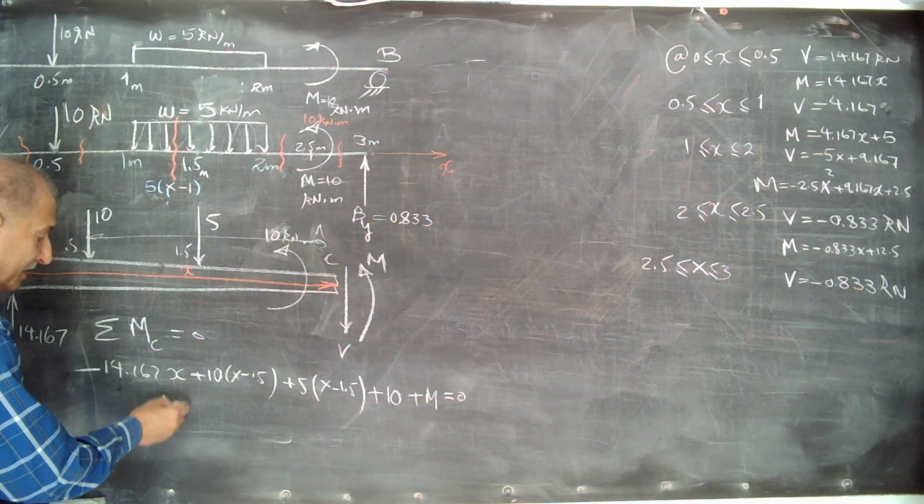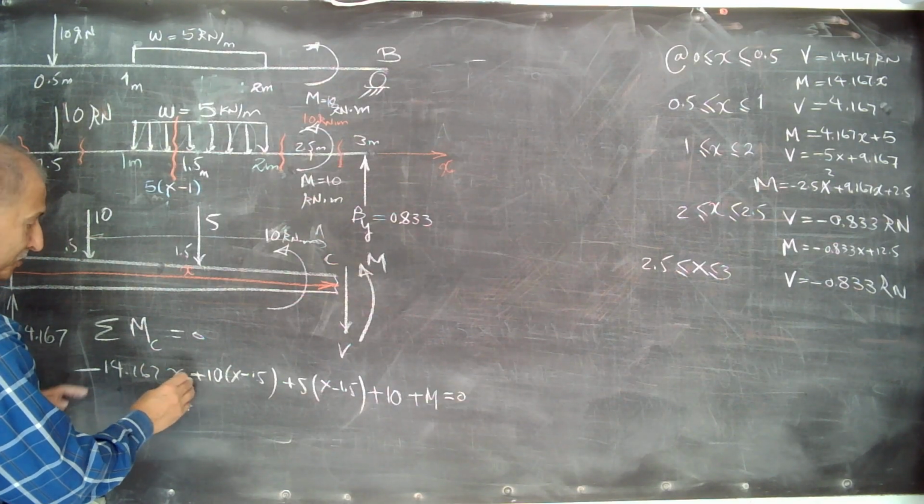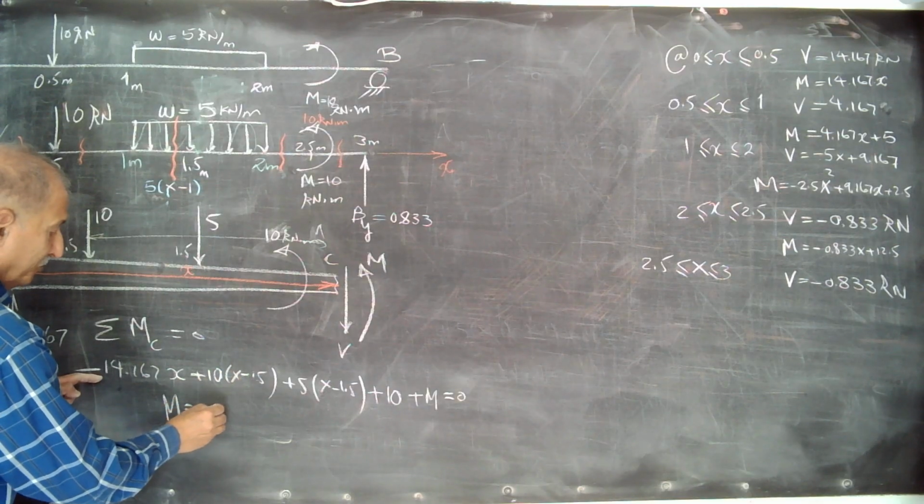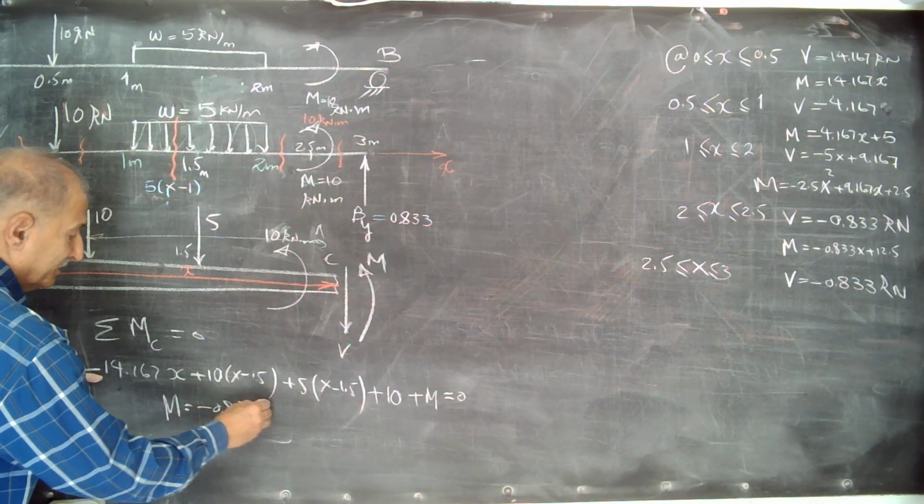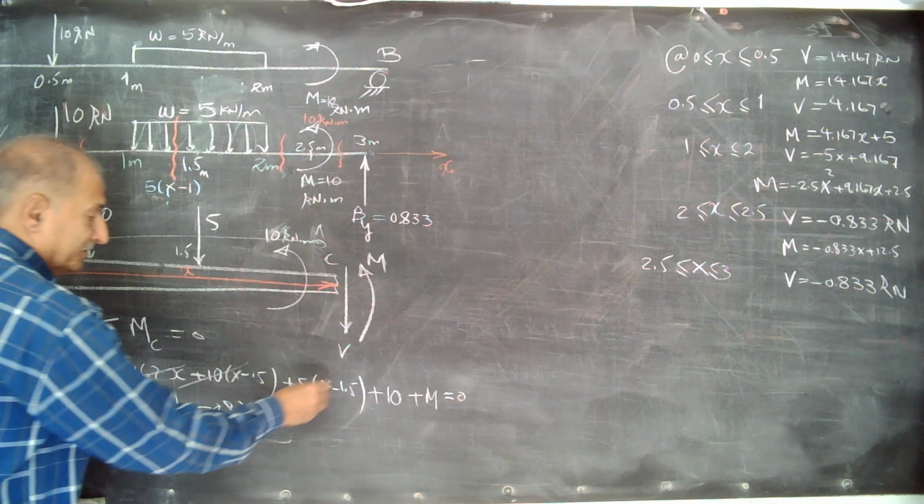Then M is equal to, this becomes negative 0.833x. We get rid of the x.